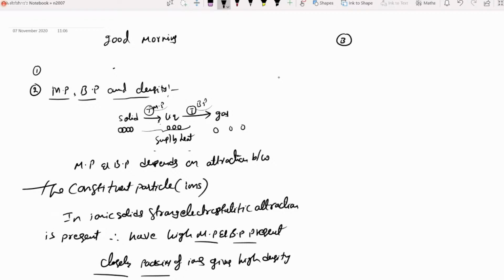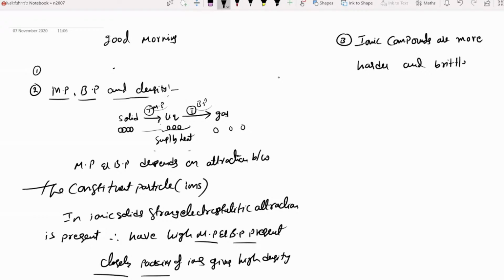And next one is hardness and brittleness. That is the third one. Ionic compounds are more hard and brittle.